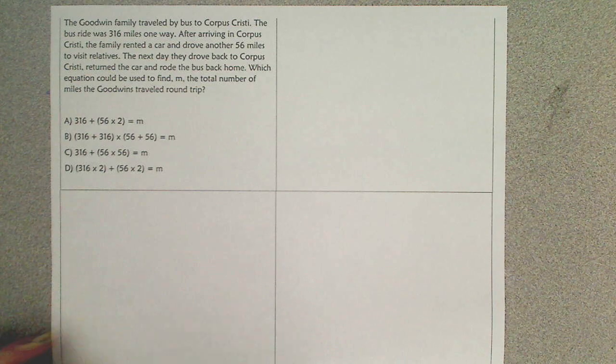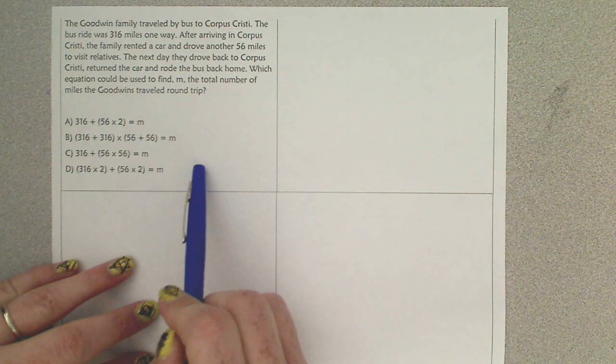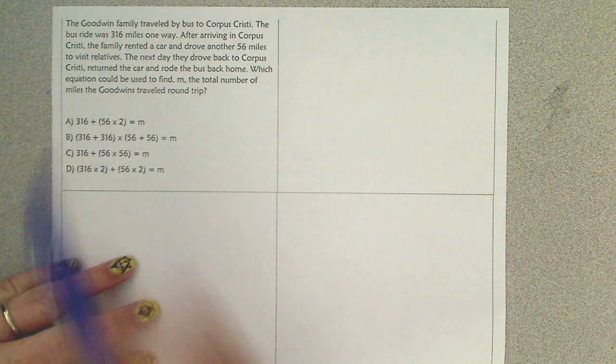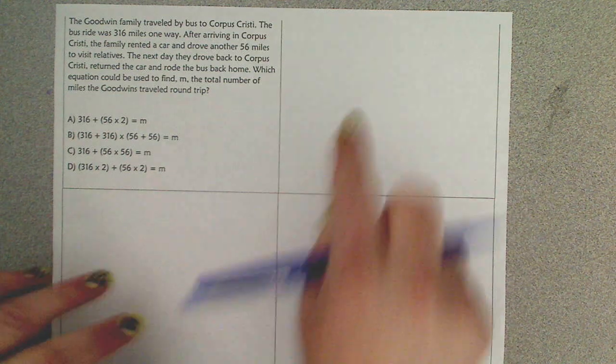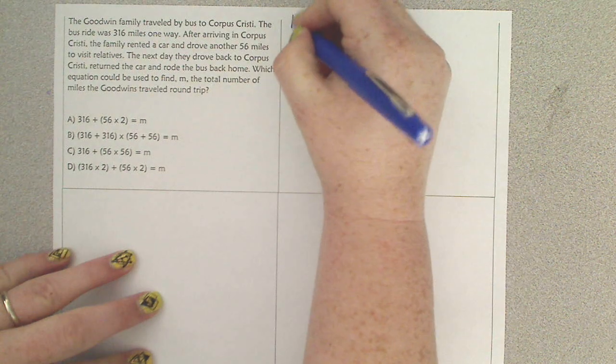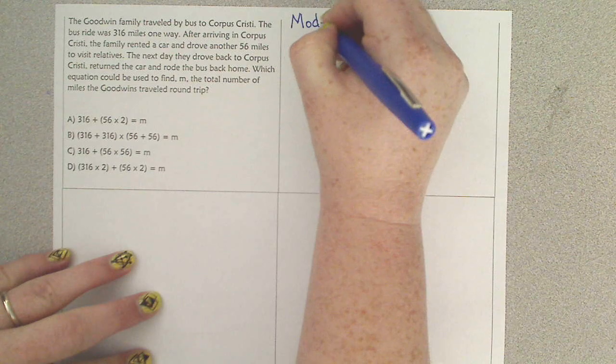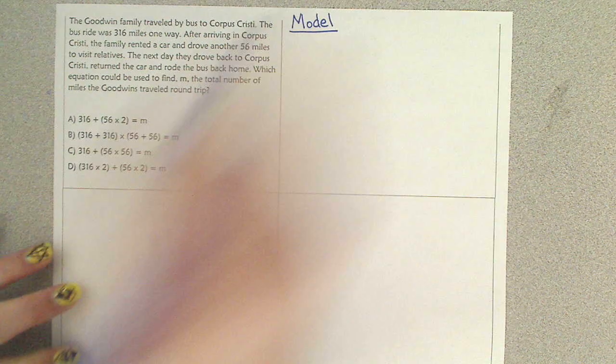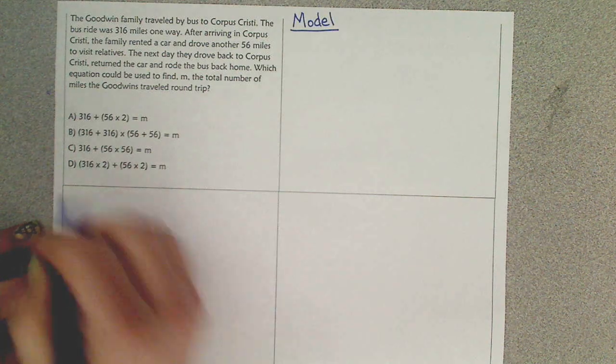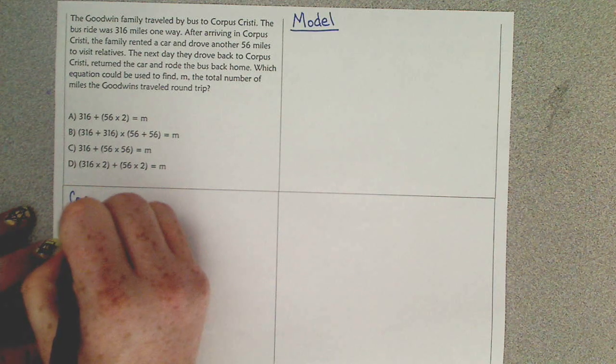So the first part of this is we're looking at your problem. The problem goes in this top portion here. In our next box, we will do our model. Our next box is going to be our computation.